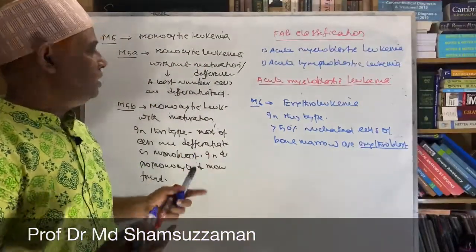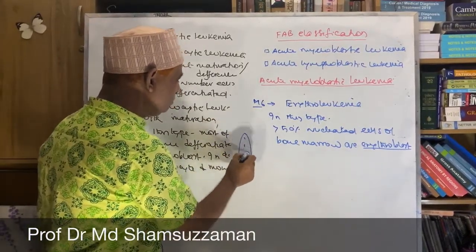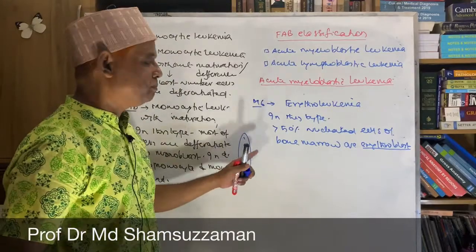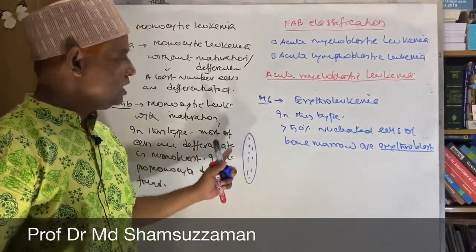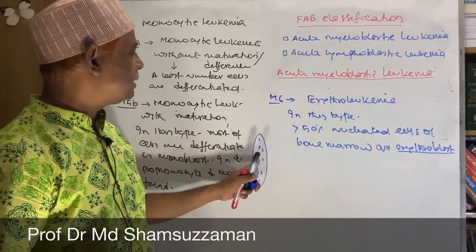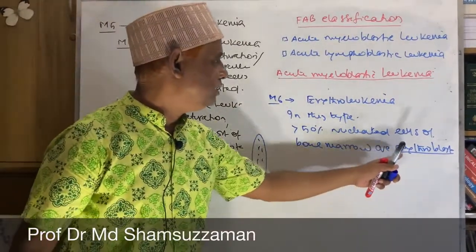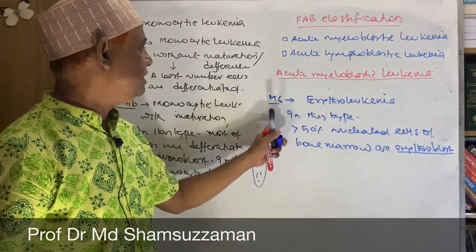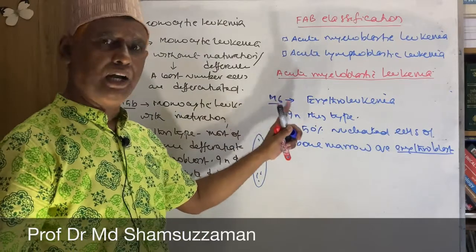Dear audience, in the bone marrow, you know there are nucleated cells of WBC series and nucleated cells of RBC series. If more than 50% of the nucleated cells in the bone marrow are erythroblasts, then it is a case of erythroleukemia. It is a blood cancer of RBC series.